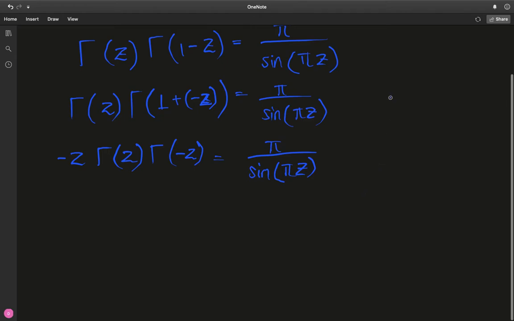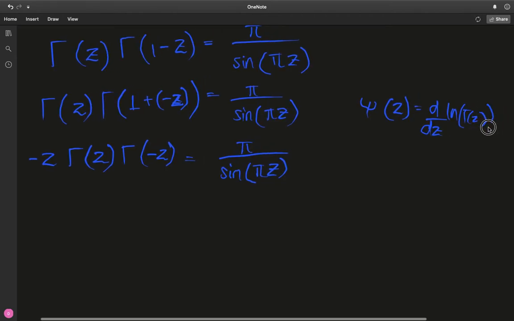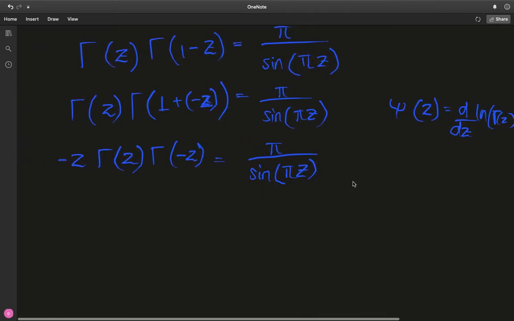And as I said, the digamma is the derivative with respect to the variable of the natural log of the gamma function basically. So in order to get digamma in this, we need to introduce logs. So we need to take logs on both sides.